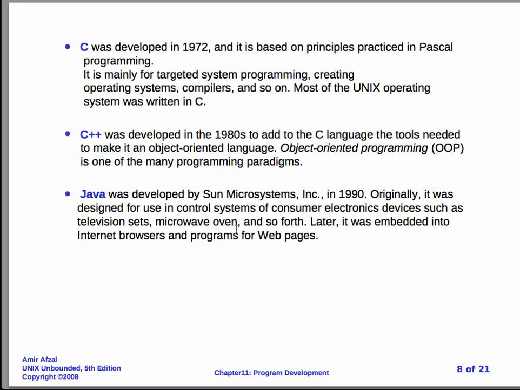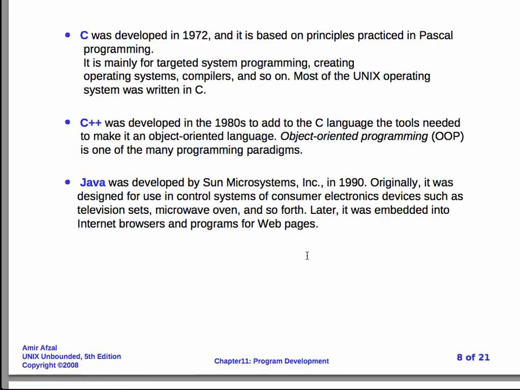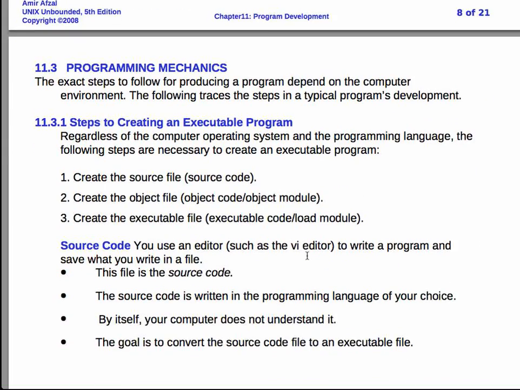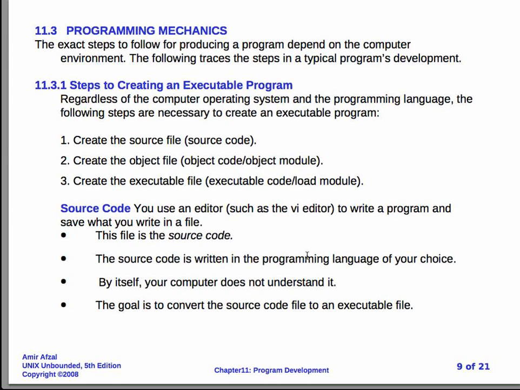Later, it was embedded into internet browsers and programs for web pages, and now it's pretty much the dominant programming language. It's the most popular. More people program in Java than, I think, anything else. Okay, so that's a brief overview.